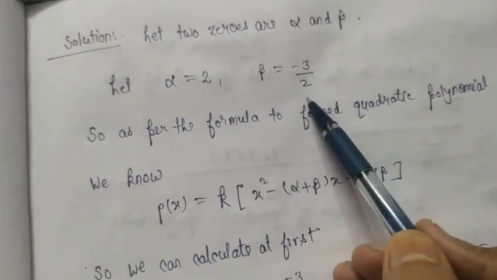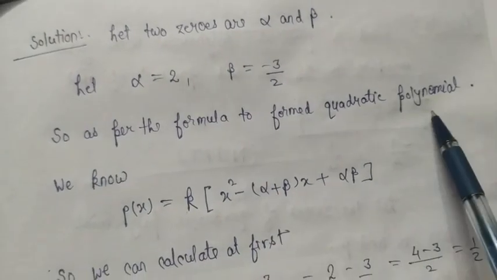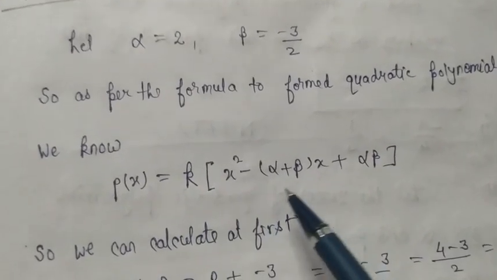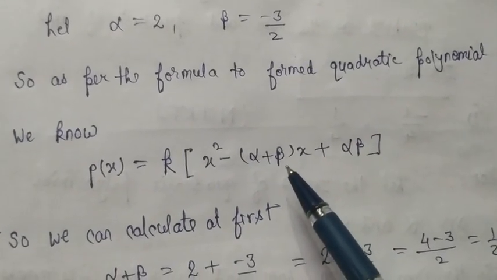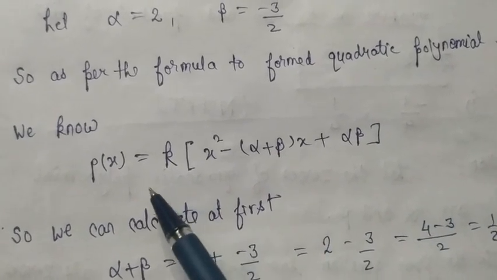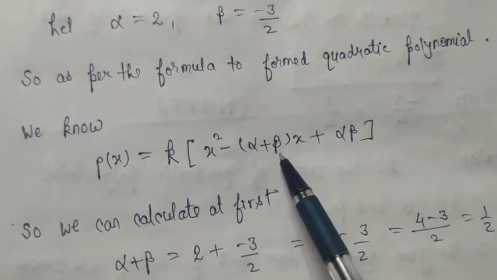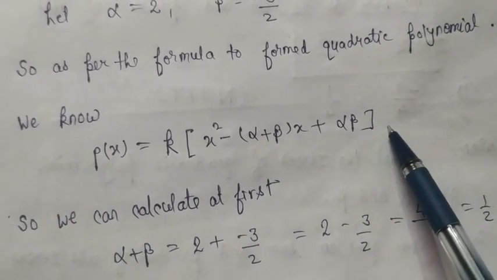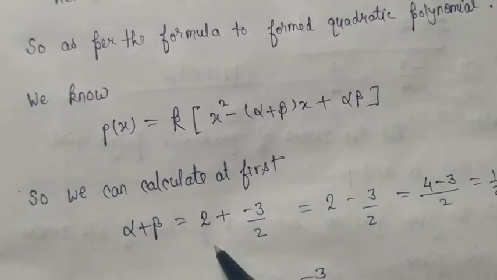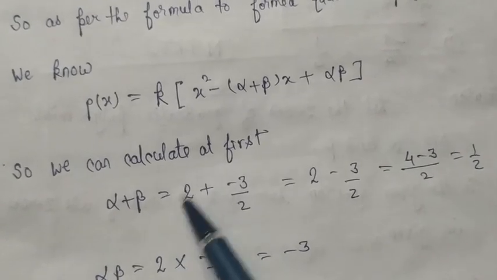Now as per the formula to form a quadratic polynomial, we know p(x) = k[x^2 - (alpha + beta)x + alpha beta]. Whenever you see this expression, you can find we need alpha plus beta and alpha beta. So first calculate alpha plus beta, which is the sum of zeros.